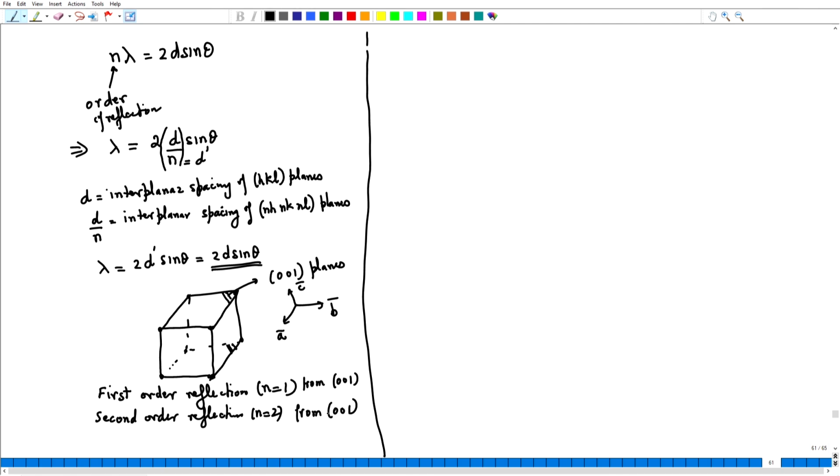Now, instead of considering second order, what I can do is consider first order from, what do I do? I multiply n into the indices.